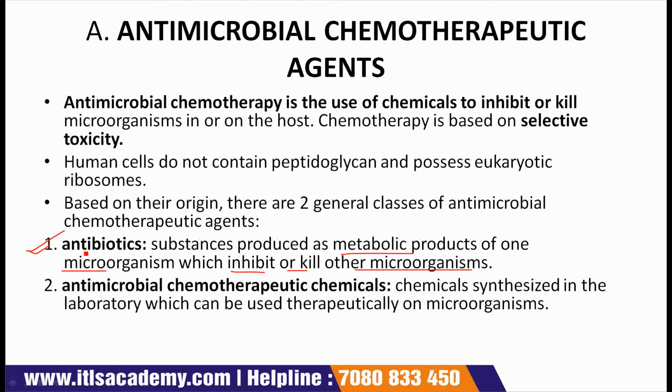So antibiotics are the products that are produced by any one microorganism and it will inhibit the growth of other microorganisms, and it can also kill them. Next one is antimicrobial chemotherapeutic chemicals. These are the chemicals synthesized in the laboratory which can be used therapeutically on microorganisms.